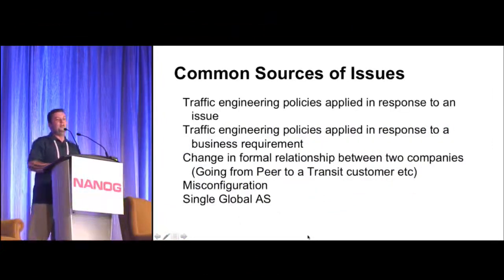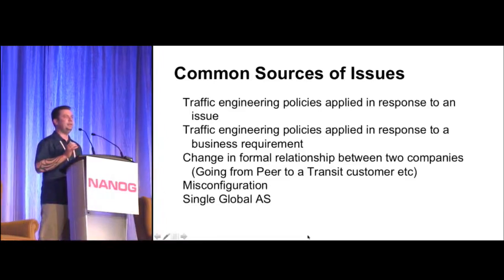So there are multiple issues that cause either traffic engineering policies to be applied or traffic shifts that basically impact CDNs or impact those that supply an application over the internet.